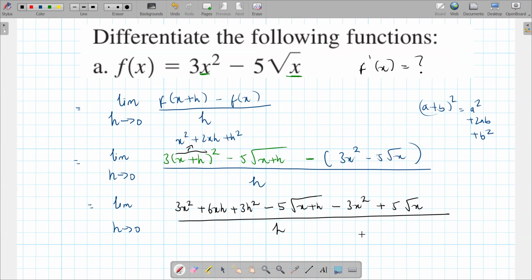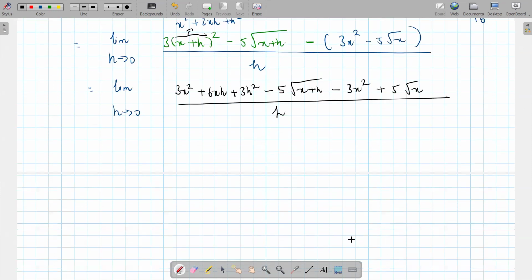Does anything cancel out? 3x squared is the only thing that cancels out, which is a problem. All right.